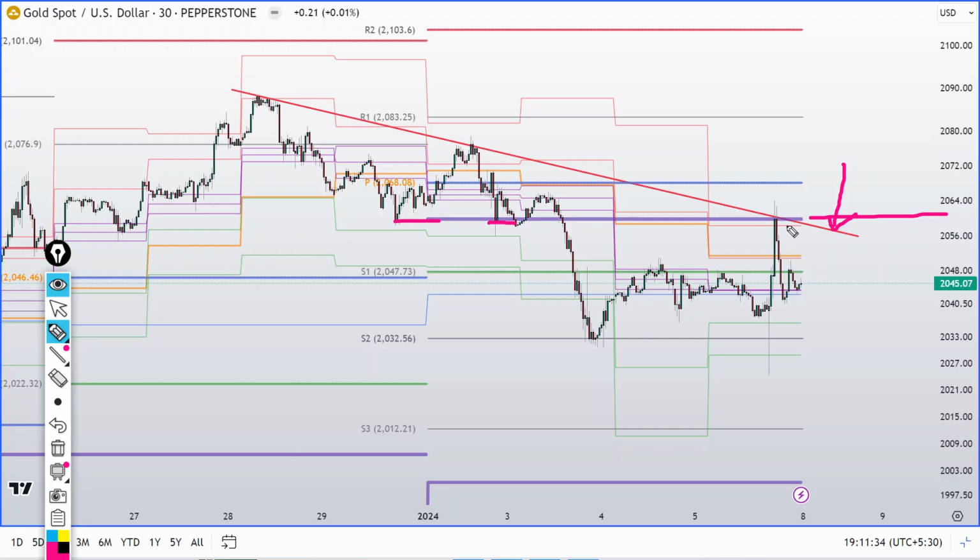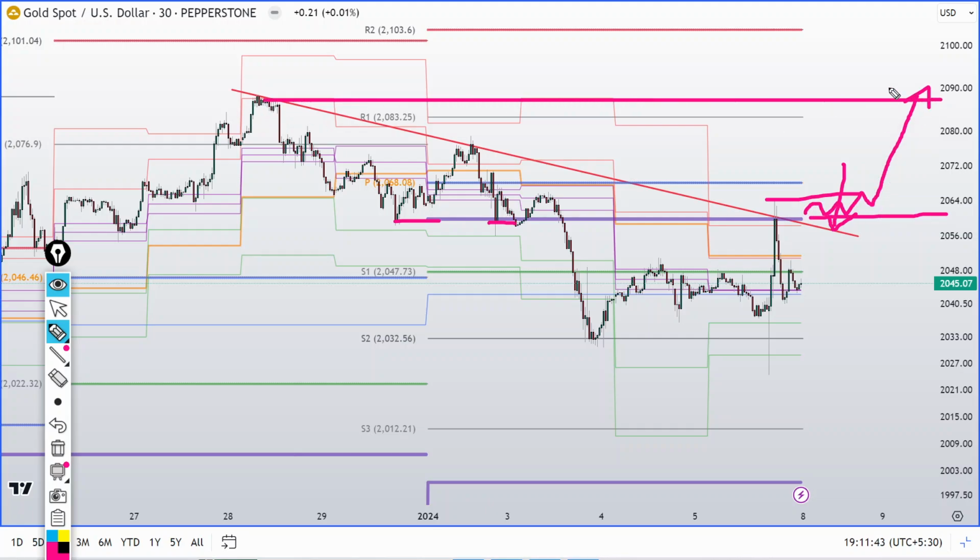So for a safer buy, we can look for a buy on a good confirmation above this zone, and then we can look for buys toward the higher price levels, and then we can act accordingly.